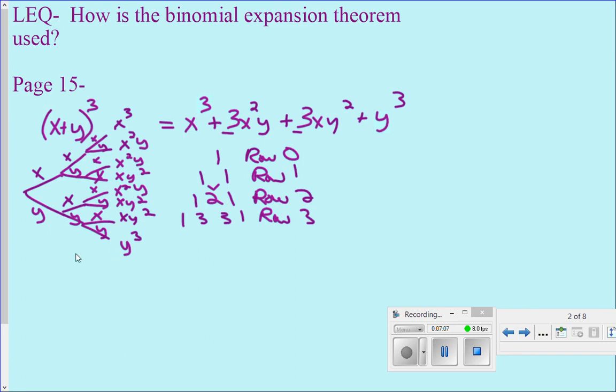Now again, I'm not going to make a tree diagram every time, but if I made a tree diagram, I'm looking at it, I'm looking for, to get this coefficient here, the number of times that we're choosing 2 x's out of the 3 layers. So out of my 3 layers here, I'm counting all the times where I see 2 x's of the 3.